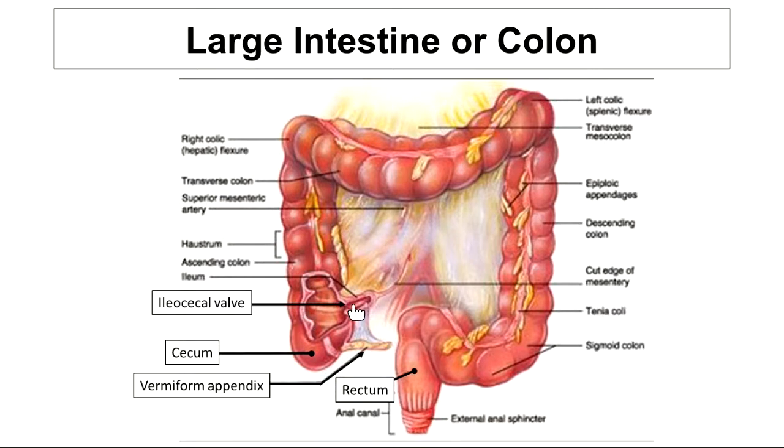It's called the ileocecal valve, named after the last part of the small intestine, joining to the large, and that cecum. So it's called the ileocecal valve, a sphincter between the ileum and the large intestine. So the ileum will squirt its chyme into the large intestine after it passes through that ileocecal valve. It opens up and lets the chyme go into the large intestine for the last processing to occur.